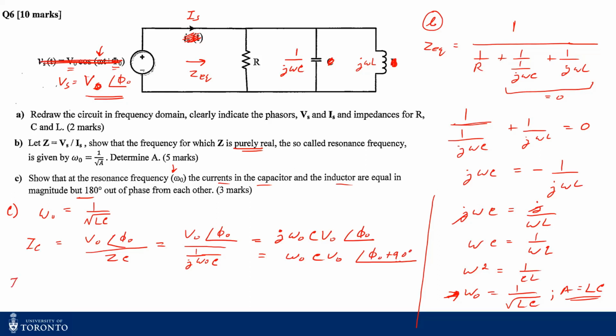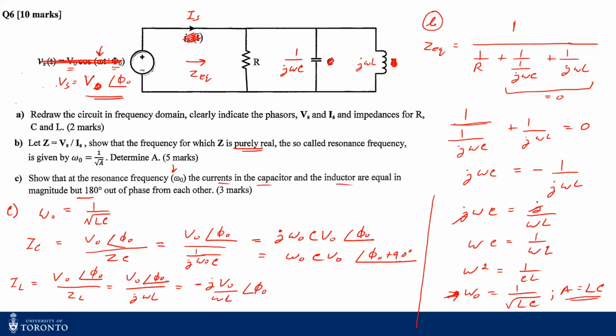Now what's my IL? My IL is the same voltage, because it's in parallel, divided by ZL, right? So now what's my ZL? It is j omega L, right? So since the j is at the bottom, if I bring it to the top, it becomes minus j, V naught by omega L, with angle phi naught.